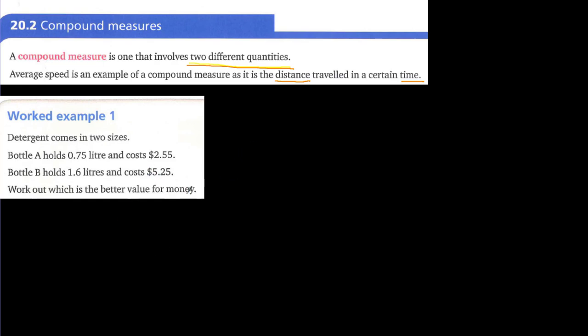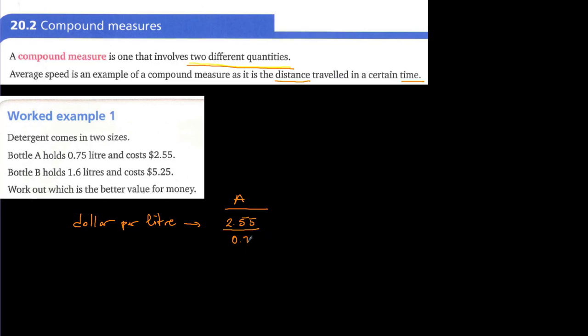If you want to find the dollar per liter, we are going to divide the price by the given liters. So for bottle A, the price is 2.55 divided by 0.75.